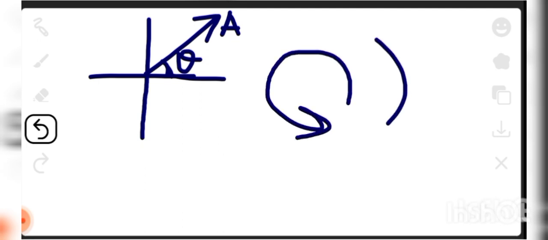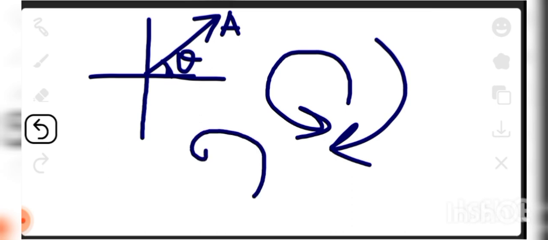If the vector is here, and that is the angle, the angle can move either like this or like this. Any angle that is anti-clockwise is always positive, while an angle that is clockwise is always negative. We did that in complex numbers.